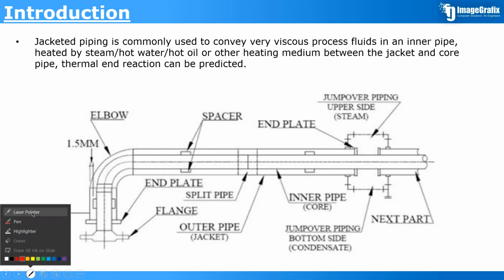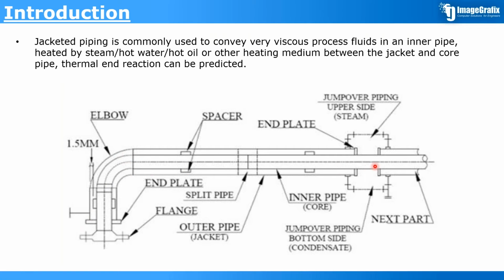This is a small pictorial representation of the same. What are those things we can look out for? This is my flange, the internal part. This is my core pipe, where my actual fluid is going to flow from one end to the other, from pump to vessel or anything. This pipe segment is called my core piping.